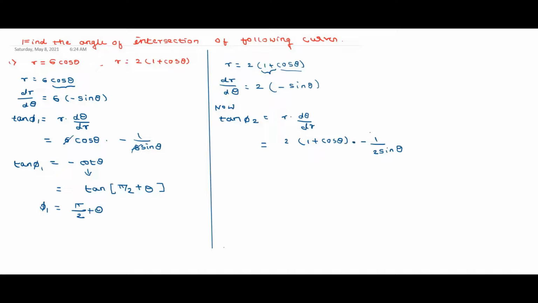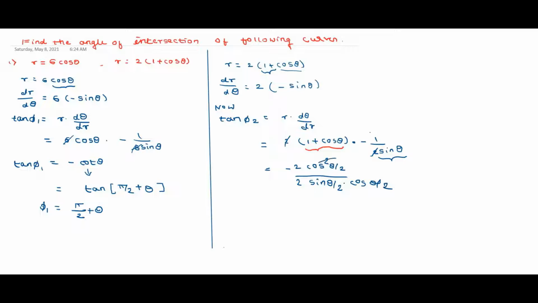This is into, where 2 and 2 get cancelled. Now this 1 plus cos theta we can also write as 2 cos square theta by 2, divided by, with minus sign as it is, this sin theta we can write as 2 sin theta by 2 into cos theta by 2.